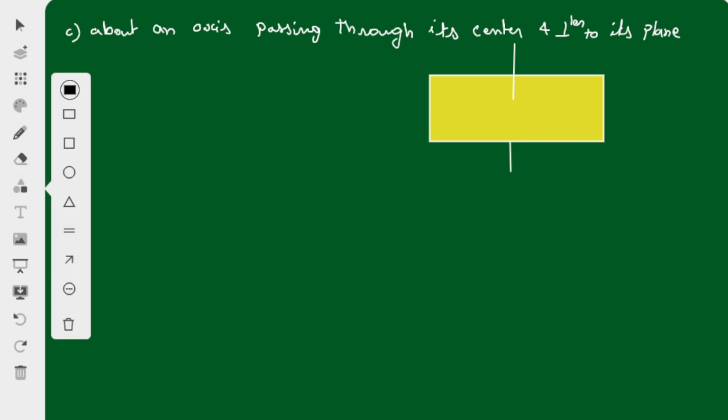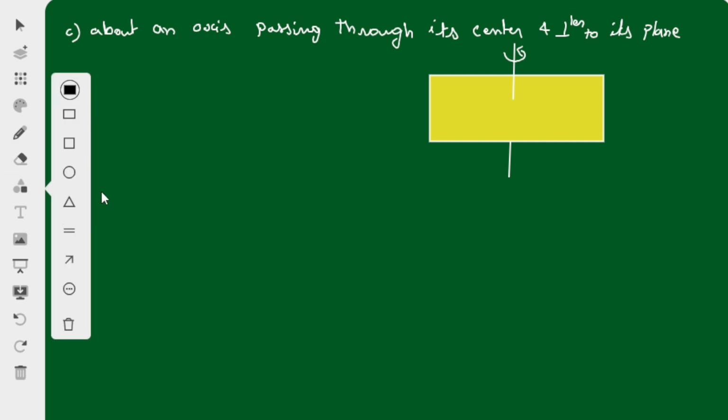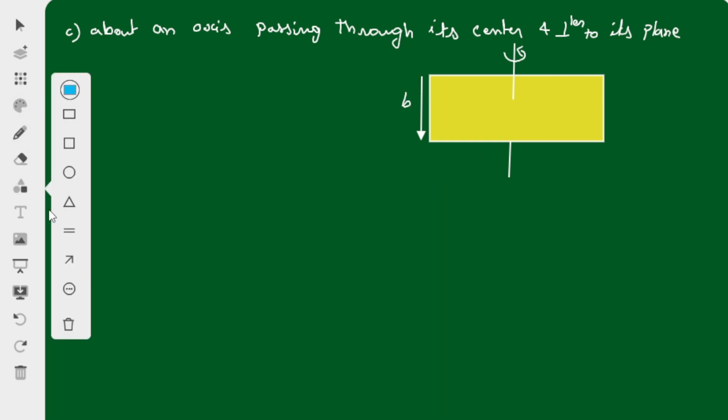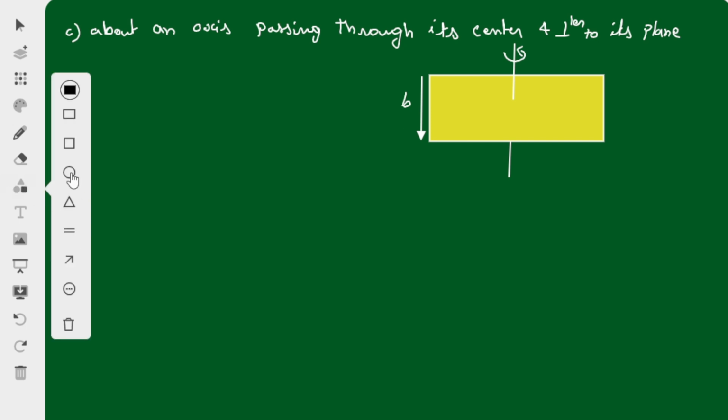So that is the breadth of the lamina, breadth B, and length L. L is the length of the lamina, right?